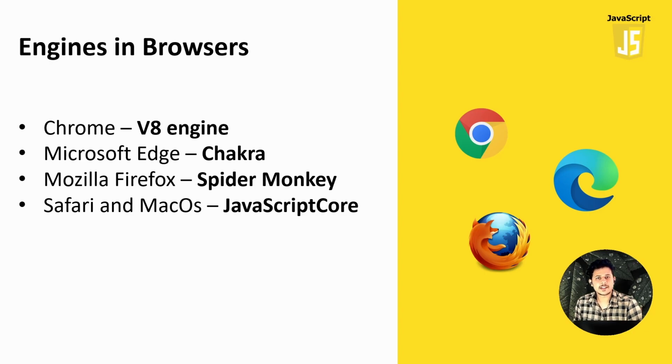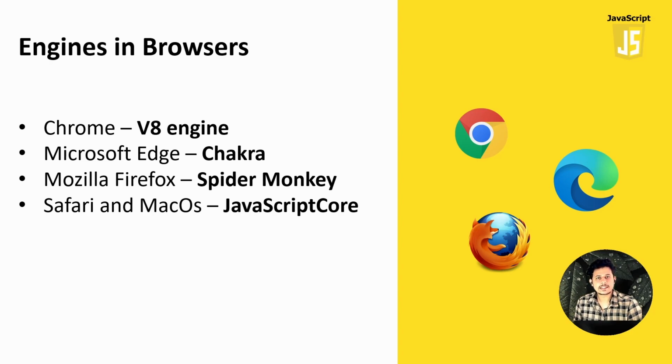The reason is that earlier, before ECMAScript was launched, every browser had its own set of rules defining how JavaScript works in the browser. So here is what would happen. One browser has some set of rules, and another browser has other rules. If you created an application in Chrome and wanted to run it in Mozilla or Microsoft Edge, their rules are different, so it would not work as expected.